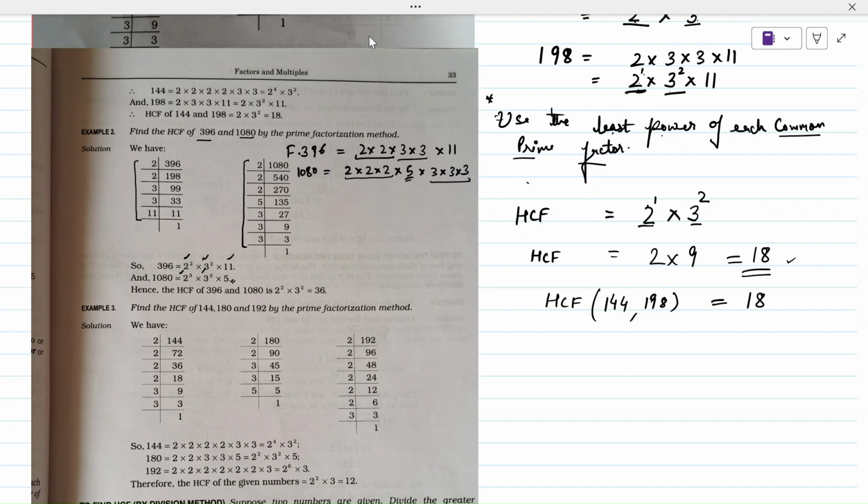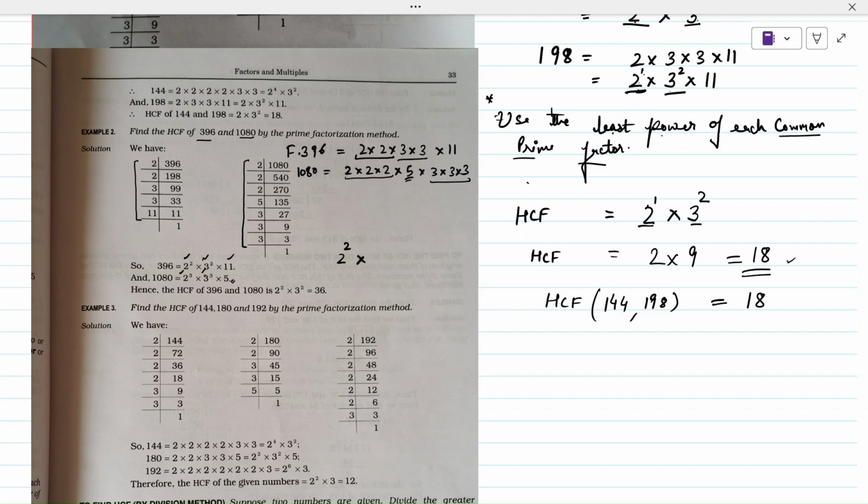What is our next step? We have to find the least common powers. Coming to 2, here we have 2 raised to the power 2 and here 2 raised to the power 3. What is the least power? 2 raised to the power 2, right? In the next one we have 3 raised to the power 2 here, but in the other one we have 3 raised to the power 3.